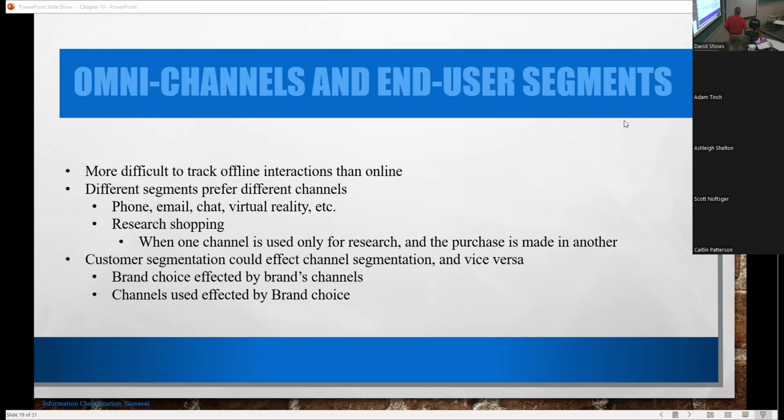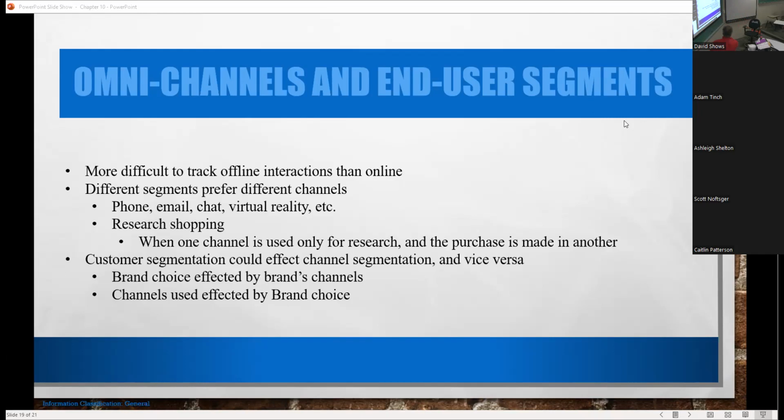So the last thing to realize about the omni-channel is that it makes it much more difficult to track offline interactions than online ones. Different segments prefer different channels, and though you might have a lot of channel pollution in there, it's very difficult to track.